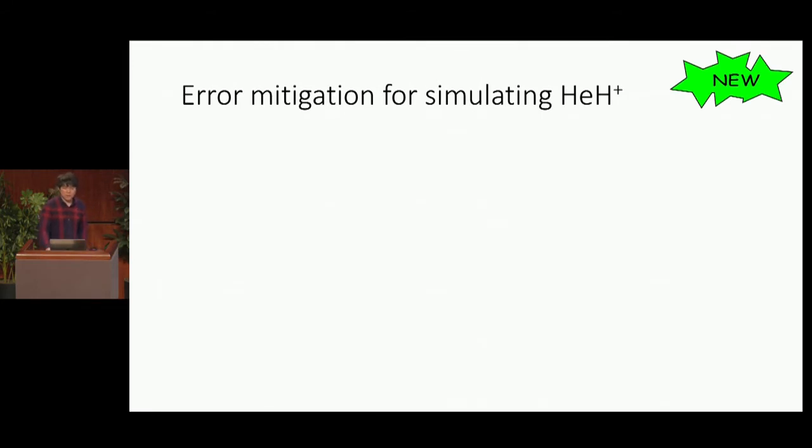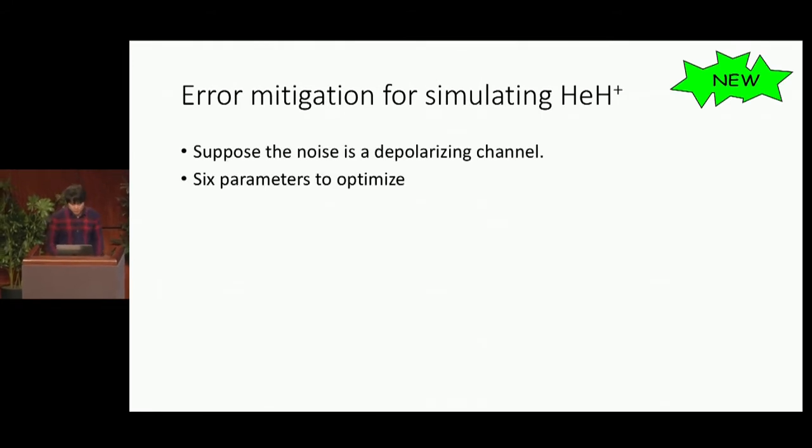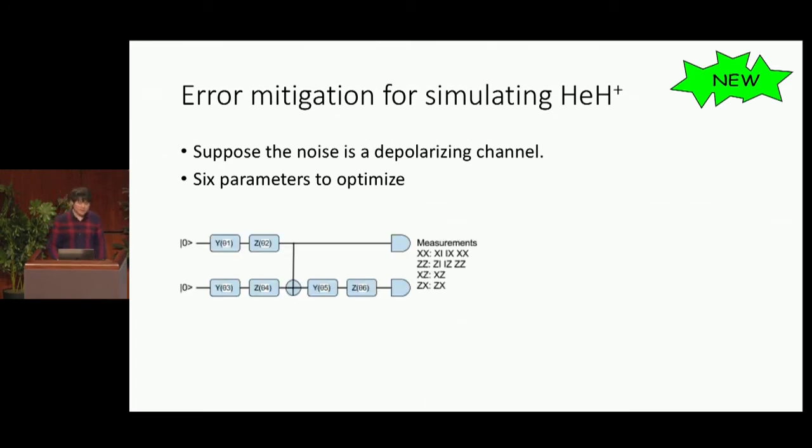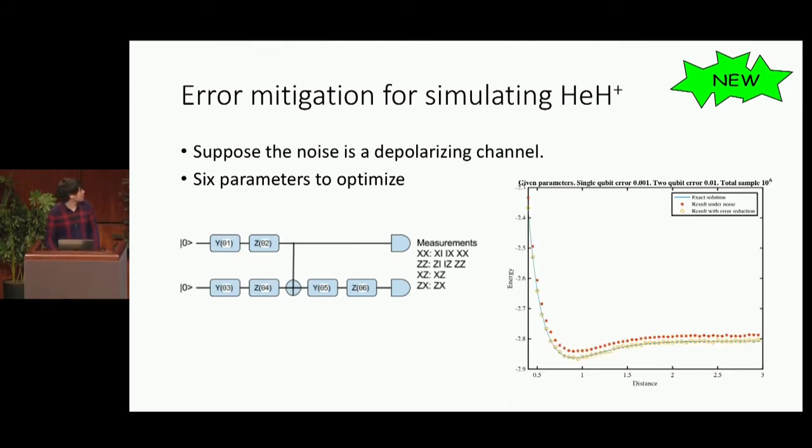For our application of the error mitigation method, we consider the same depolarizing channel, but now we have 6 parameters to optimize. Here is the simulation result, where we assume the single qubit error is 0.001 and the two qubit gate error is 0.01. You can see that the result with error mitigation is quite accurate. So from these two results, we can see error mitigation indeed works for quite shallow and small-sized circuits.